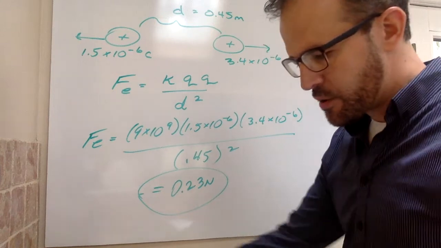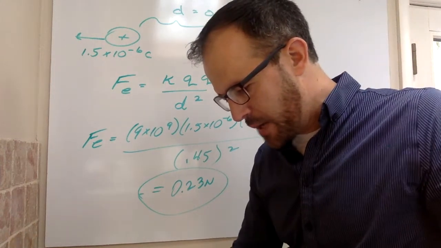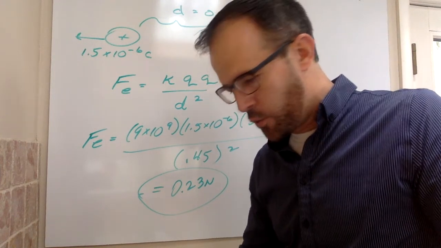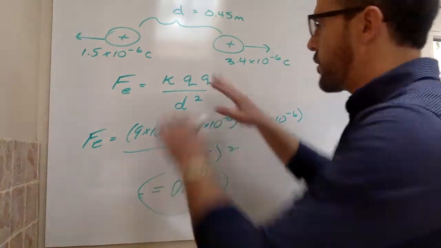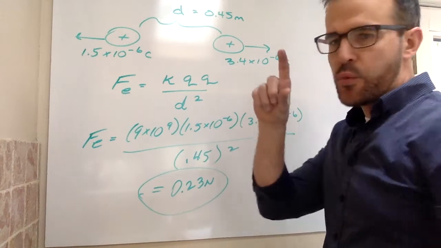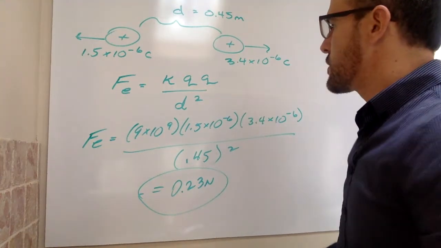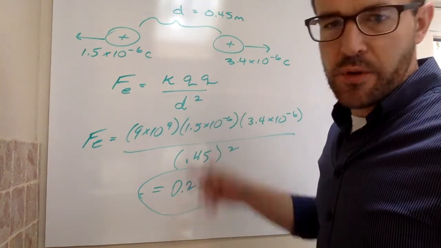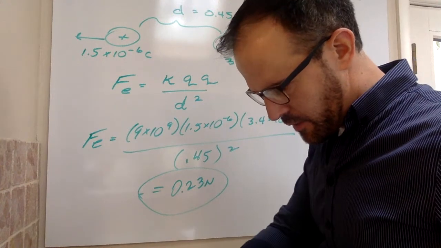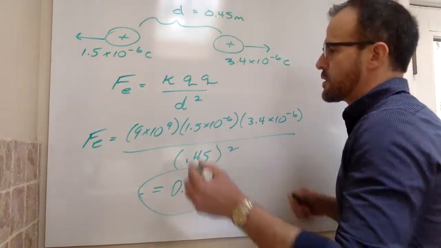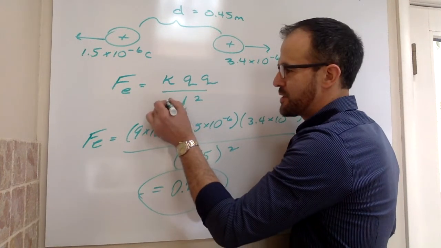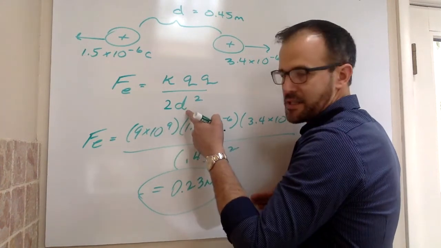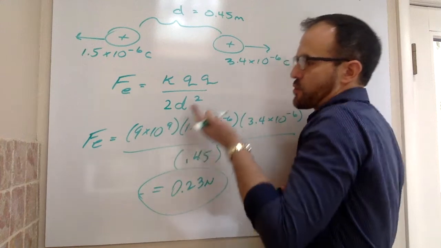The next part is, if the distance in the problem above were to double, what would be the value? It is an inverse square law, so the farther the distance, the weaker the force is going to be. So we can just solve this with a relationship. If the distance were to double, the effect of doubling that does get squared.